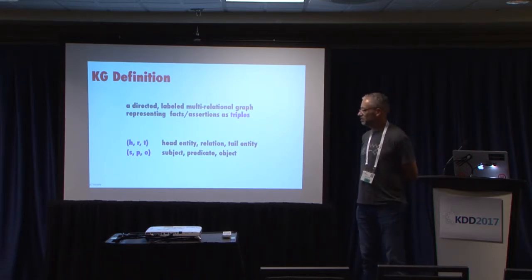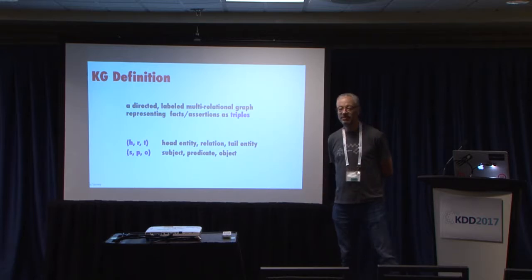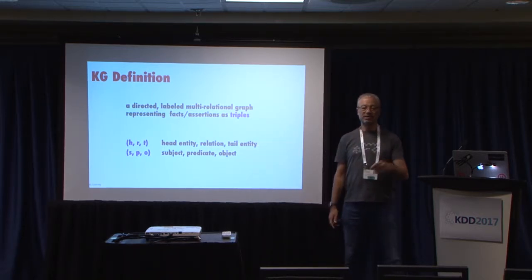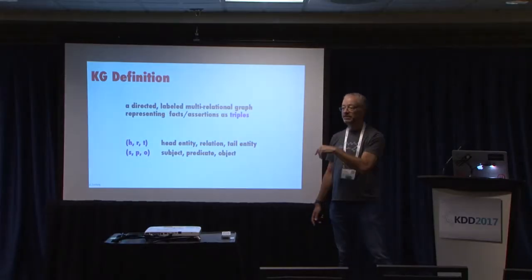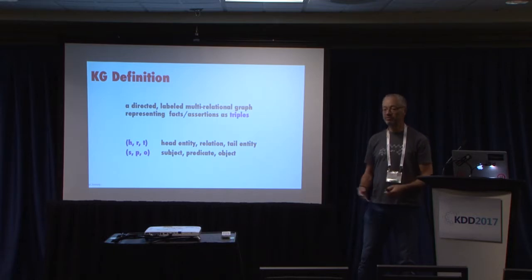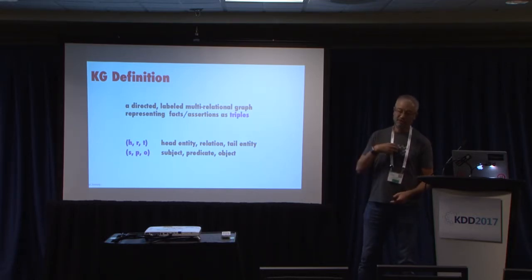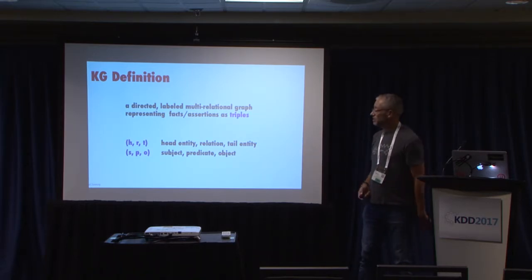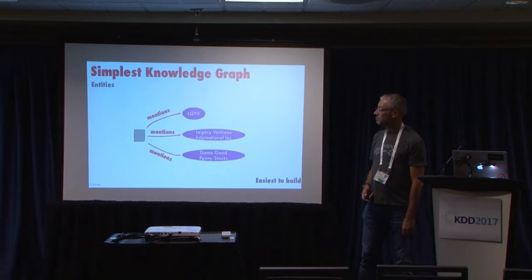Different communities have different names for this. There can be a head entity, some kind of relation, and a tail entity, or in the semantic web, it's an SPO triple, subject, predicate, object. Like your person, name, Pedro. And you can have millions and millions of these.